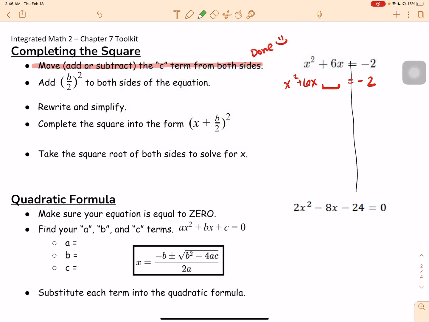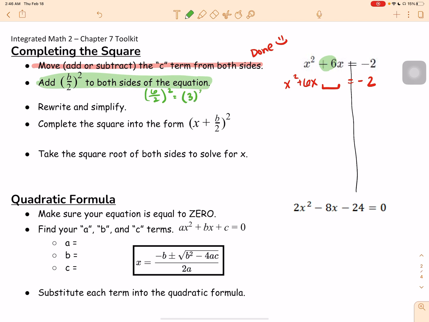All right, so now it says add b over 2 squared to both sides of the equation. Here, b is the term that's attached to the coefficient of x, so 6 is our b. So this will be 6 over 2 squared that we're going to add to both sides to complete the square.